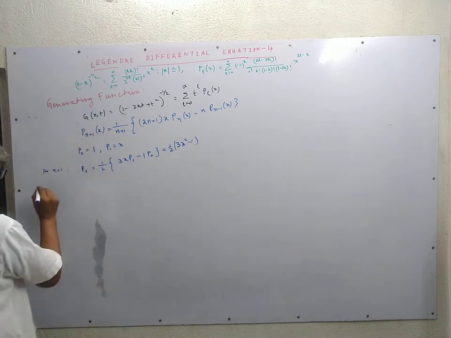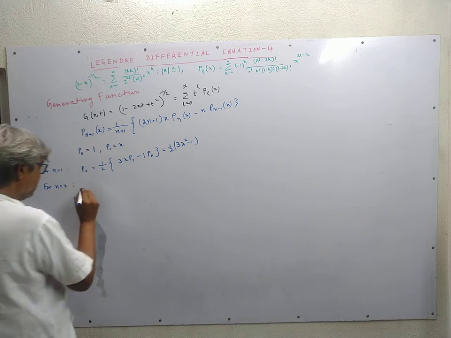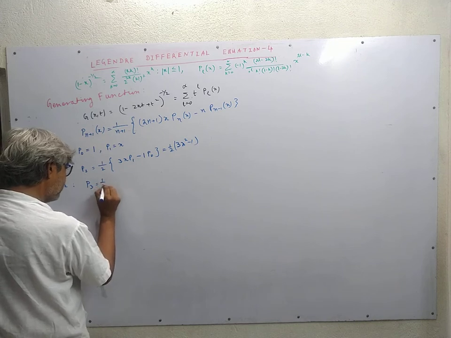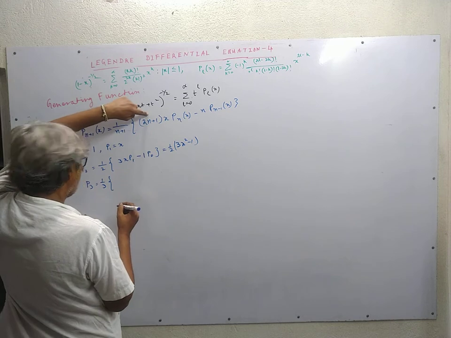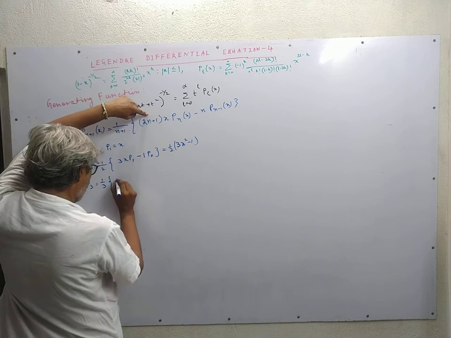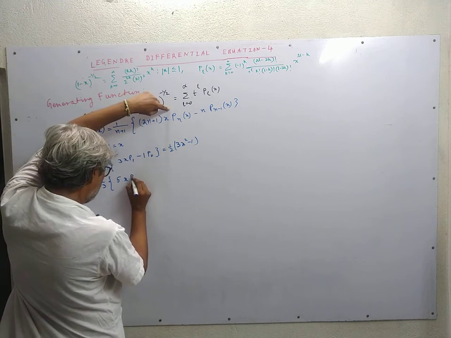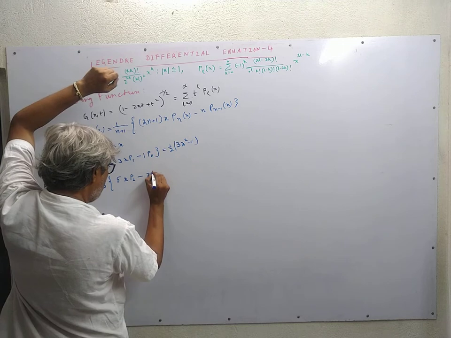With this P2 we come to n equal to 2. For n equal to 2, P3 is equal to 1/3 times [5x P2 minus 2 P1].